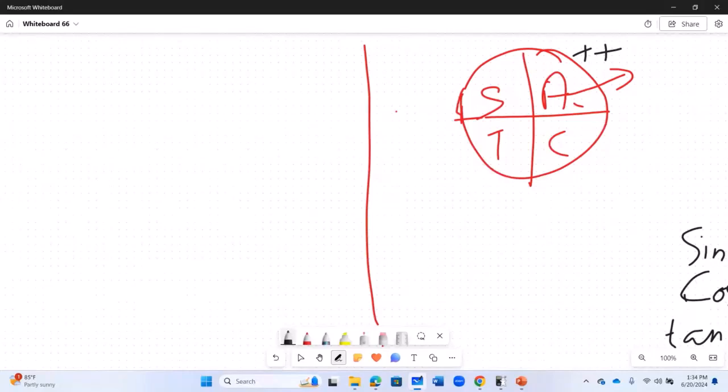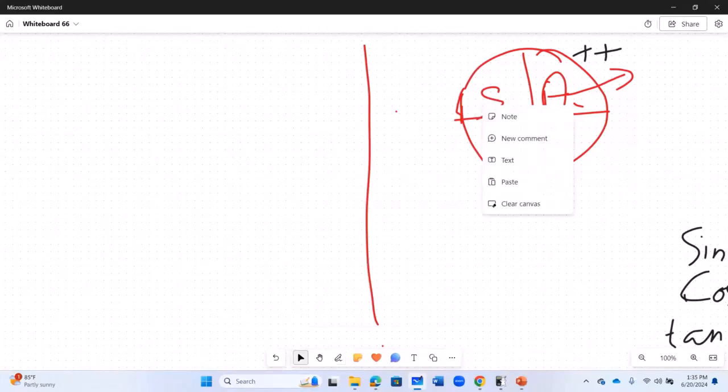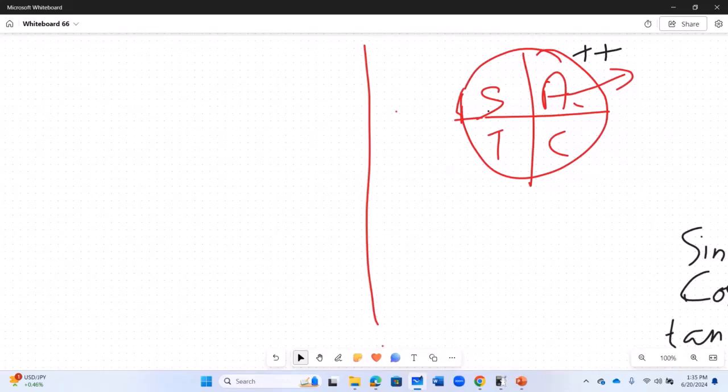I'm recording this so you can go back and watch it. In the second quadrant, sine and its reciprocal are positive, so only sine and cosecant are positive in the second quadrant. All other four are negative. In the third quadrant, tangent and its reciprocal are positive. All other four are negative.